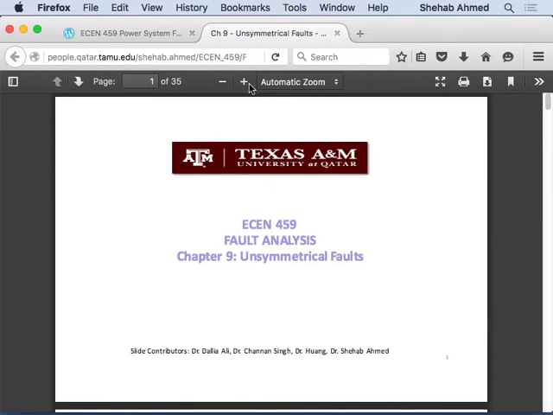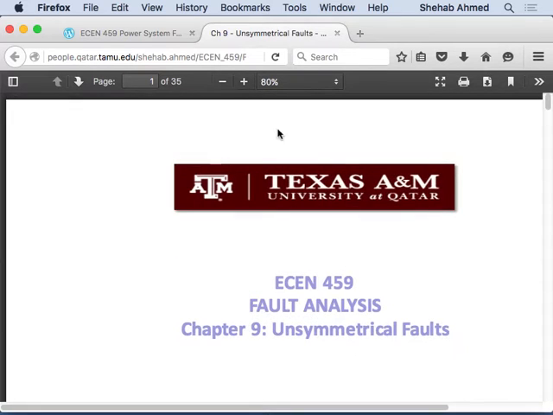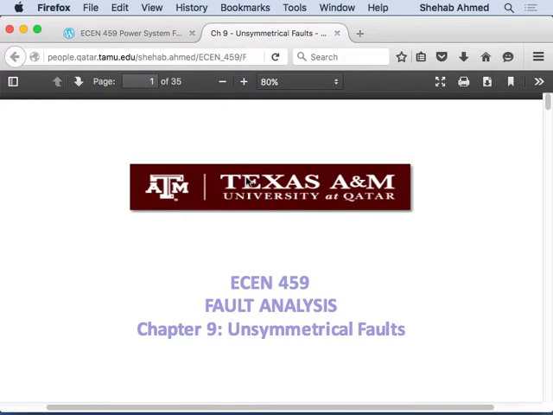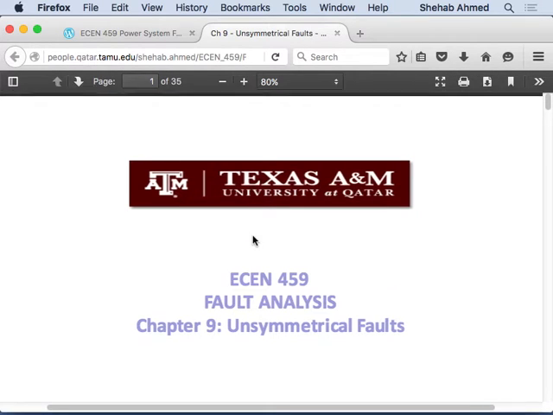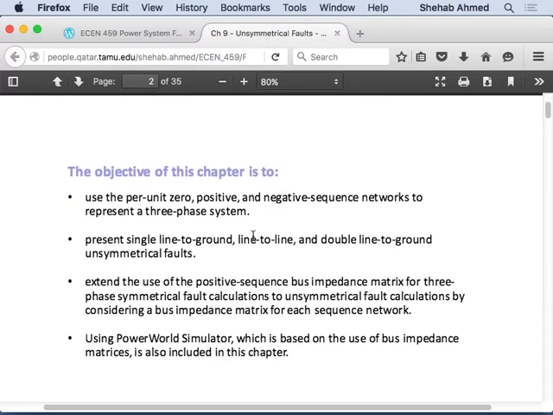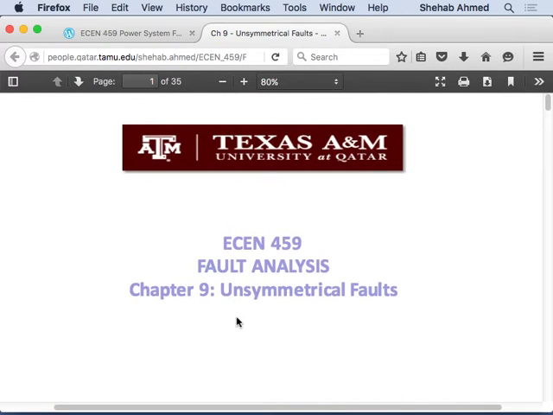So what is the use of what we did so far? Symmetrical components allows you to analyze an unbalanced system. This chapter is called unsymmetrical faults. Unsymmetrical faults are an example of an unbalanced system, right?